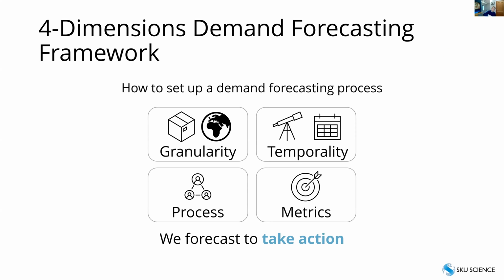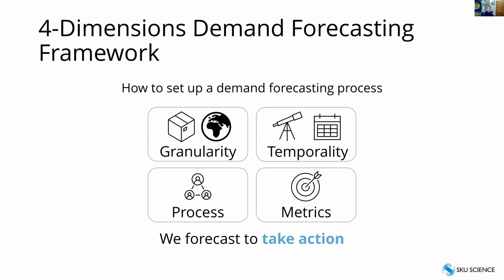People would reply, we want to improve supply, we want to order the right goods, we want to produce the right material, we want to feed demand, we don't want to have overstock, and so on. So basically, it's either improving top line or bottom line, right? There is one answer that no one ever gave me, which is to say we forecast demand just for the sake of it because we love numbers. No one is doing that.